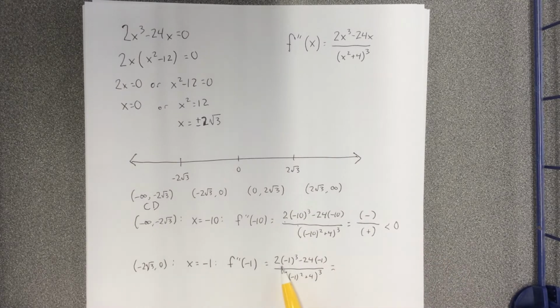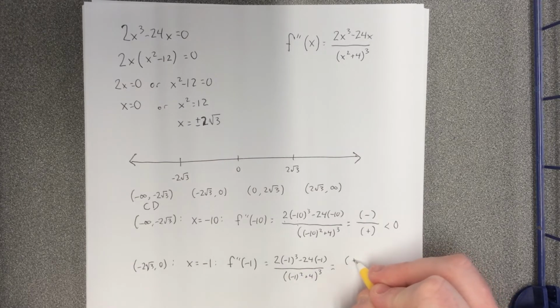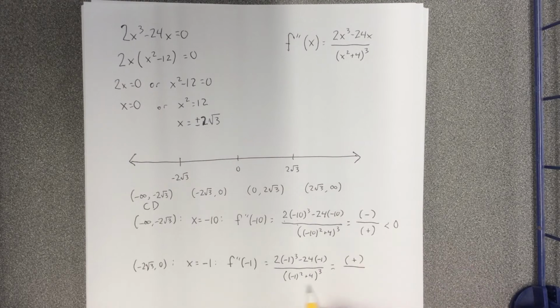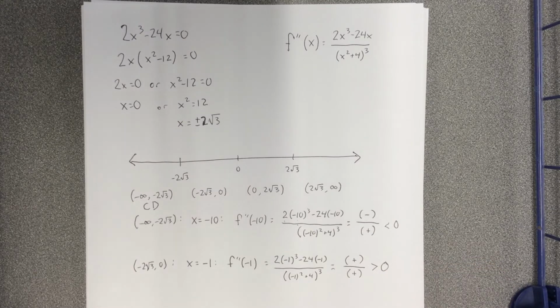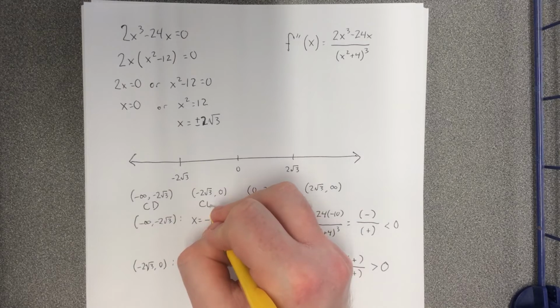This is negative 1, multiply by 2, we get negative 2, plus 24, that's going to be positive 22. Your denominator is 5 cubed. That's 125. That one I can do in my head. Regardless, we get a positive value, letting us know that this interval is going to be concave up.